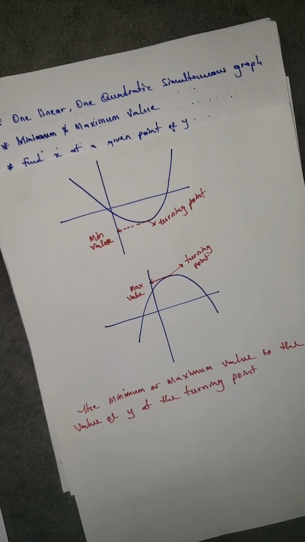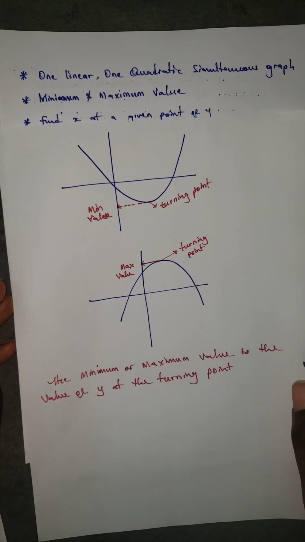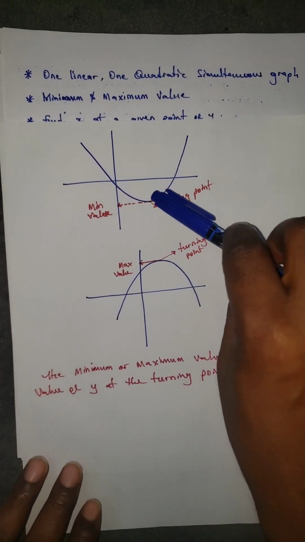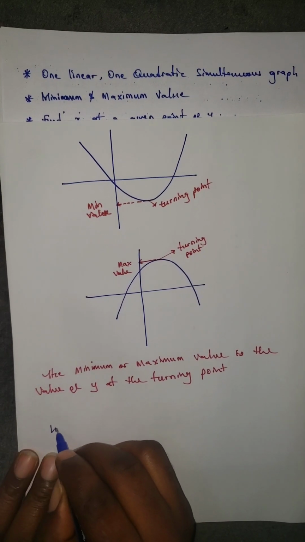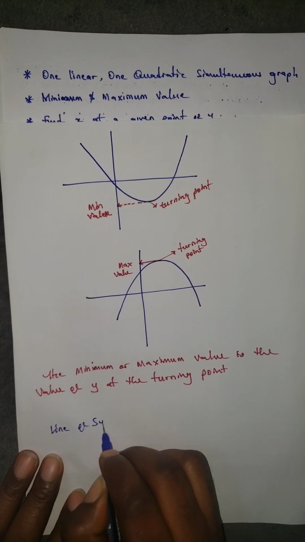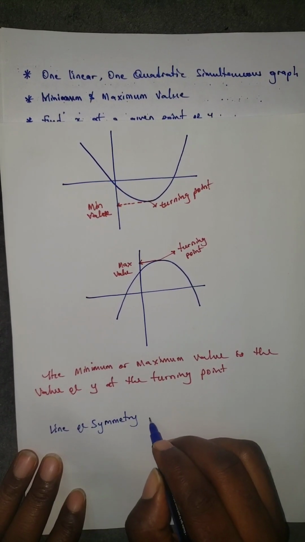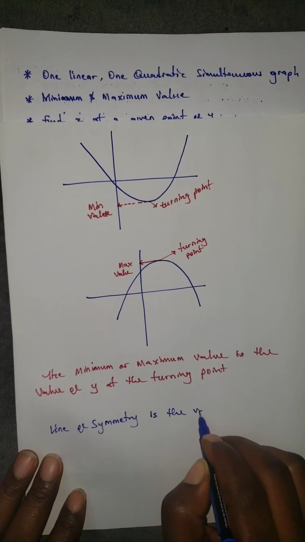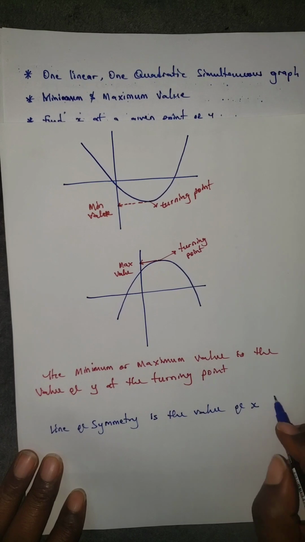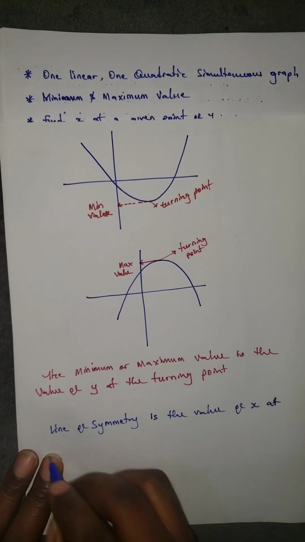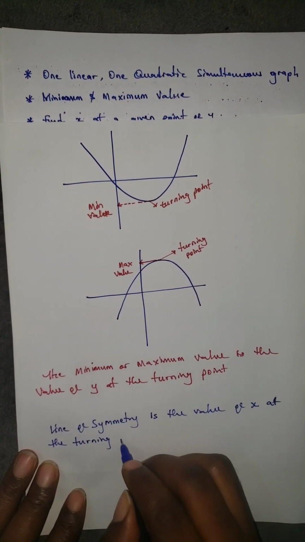Then when it comes to line of symmetry, we also use the same turning point in finding our line of symmetry. So line of symmetry is the value of x at the turning point.